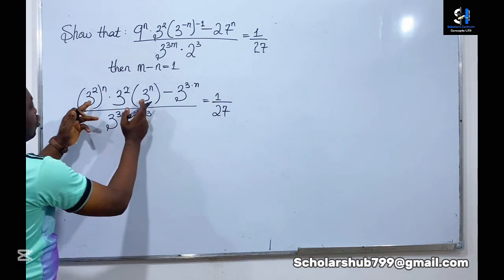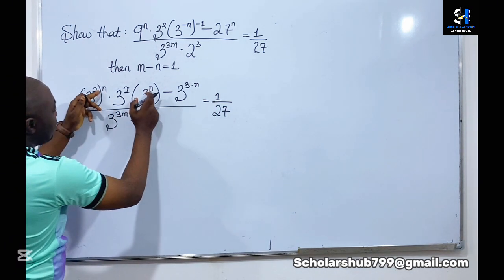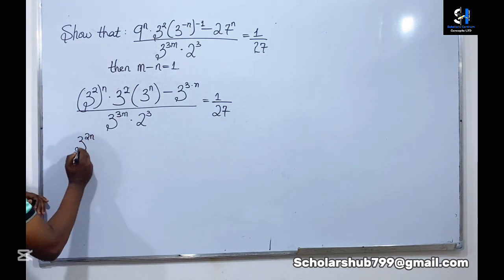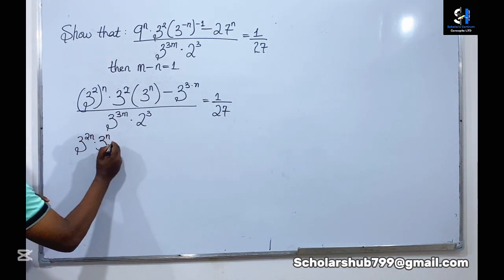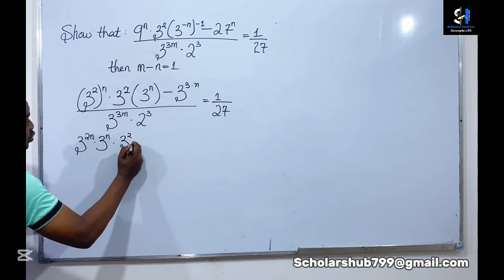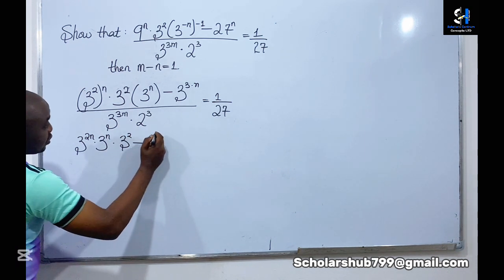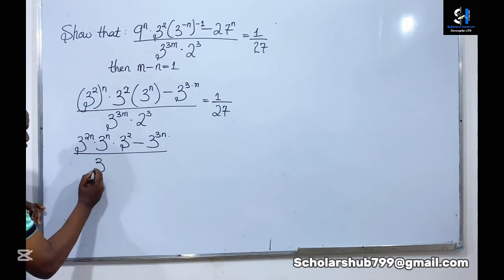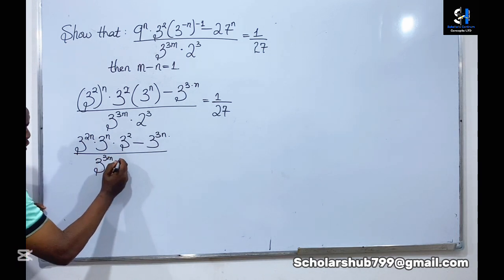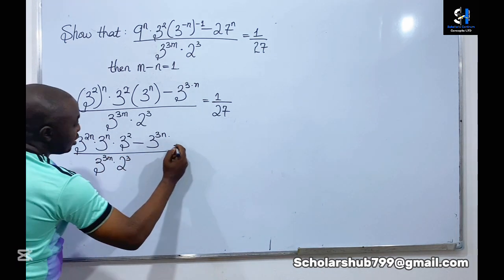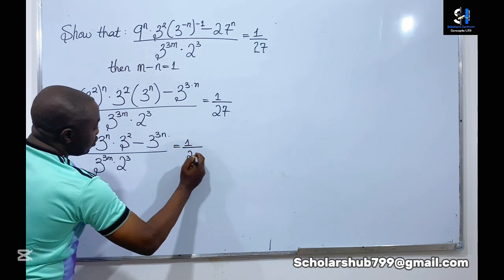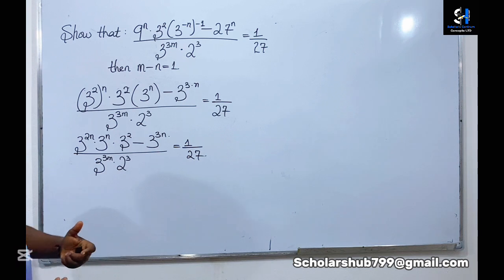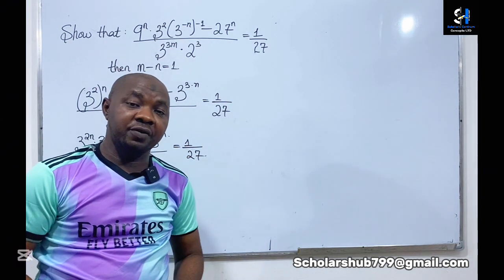All right, so I'm going to combine these two because of power n. So this will be 3 raised to the power of 2n multiplied by 3 raised to the power of n, while this is 3 raised to the power of 2, then minus 3 raised to the power of 3n, divided by 3 raised to the power of 3m multiplied by 2 raised to the power of 3 equals 1 over 27. All right, combining this now, applying the first of the properties of exponent.